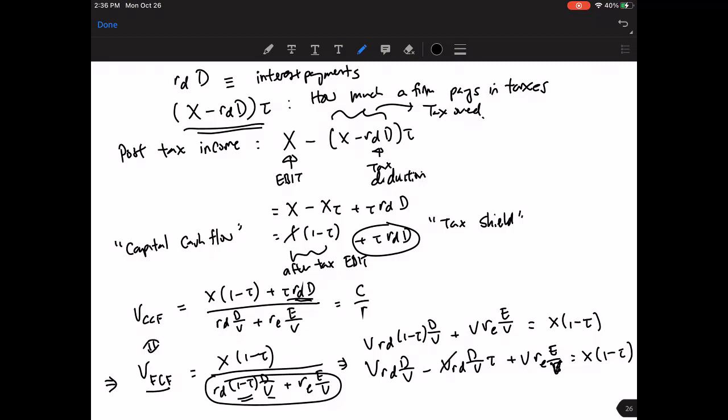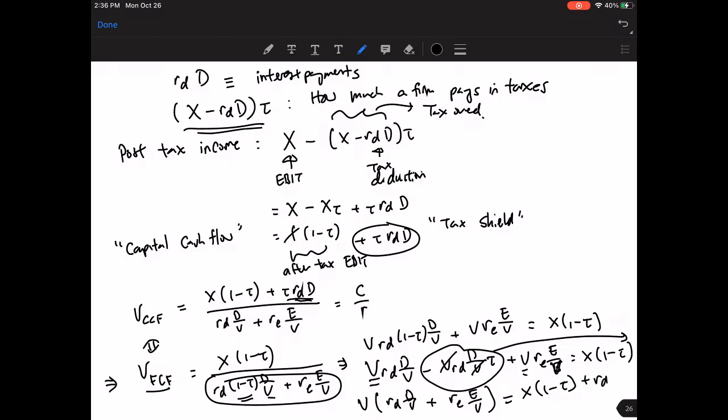We can move this term to the right-hand side, and then factor out the V. So then we have V times RD D over V plus RE E over V. And then moving that RD times D times tau to the right-hand side, we get X1 minus tau plus RD D tau.